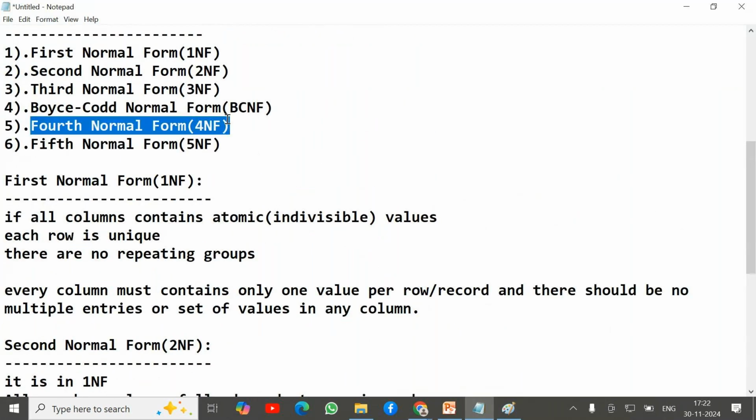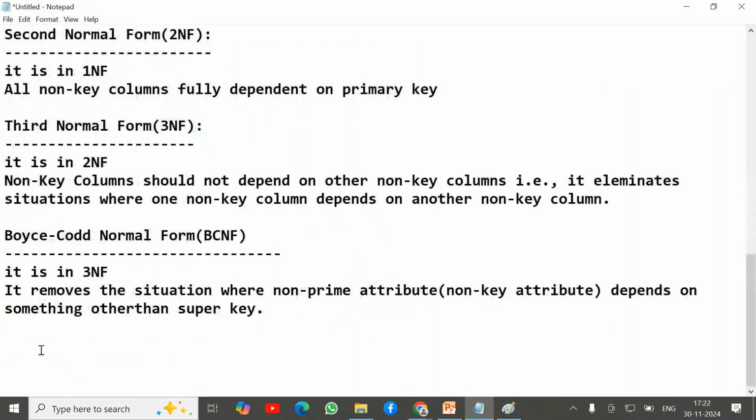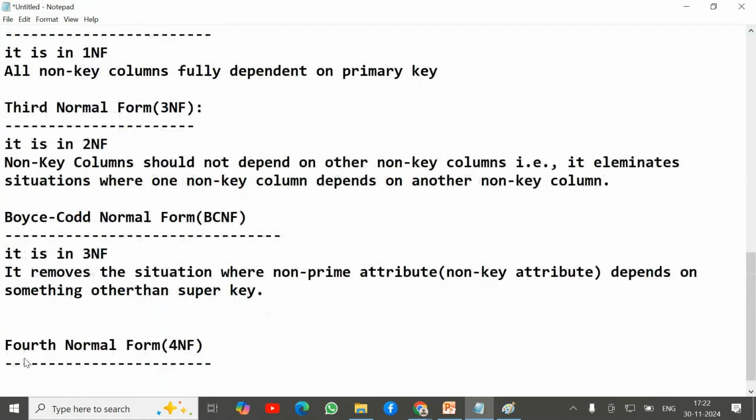Next one, fourth normal form, 4NF. It is in BCNF.